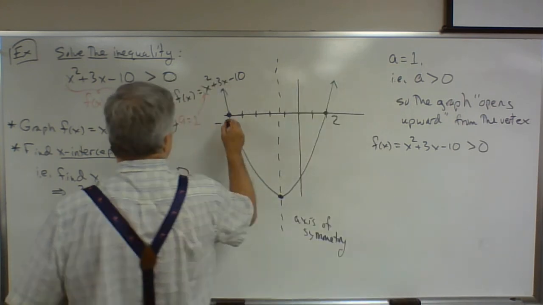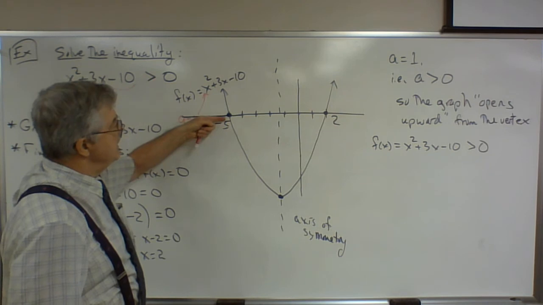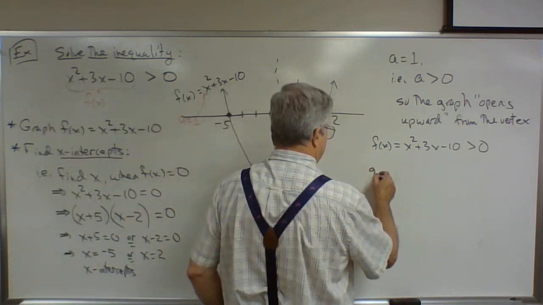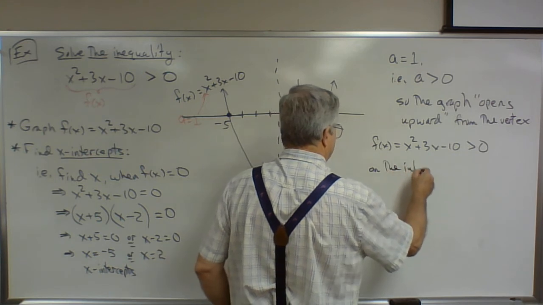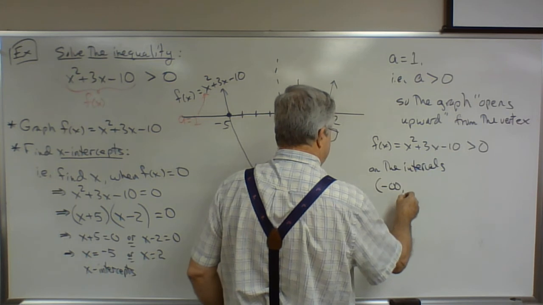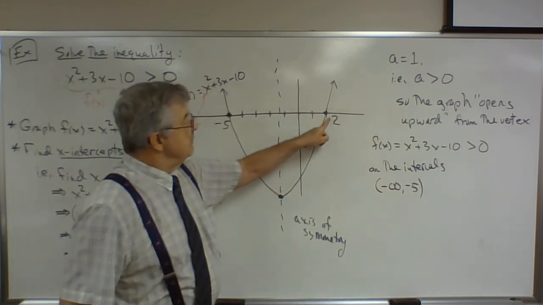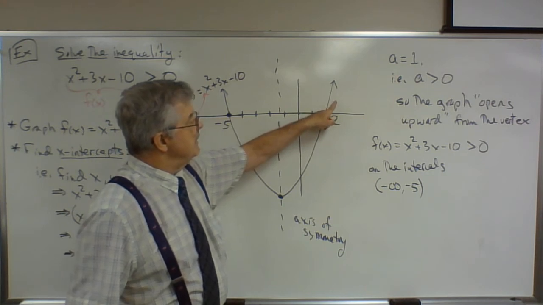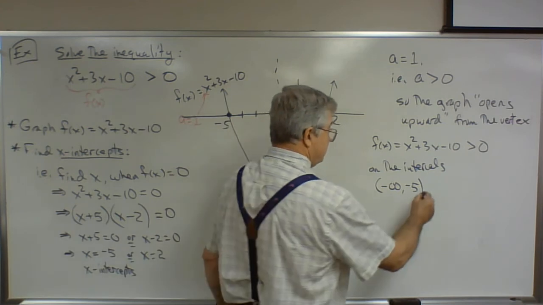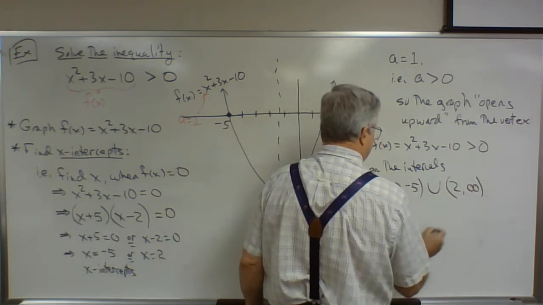Well, the graph is above the x-axis from negative infinity all the way to negative 5. Negative infinity to negative 5. And the graph is also above the x-axis over here from x equals 2 to infinity. Okay.